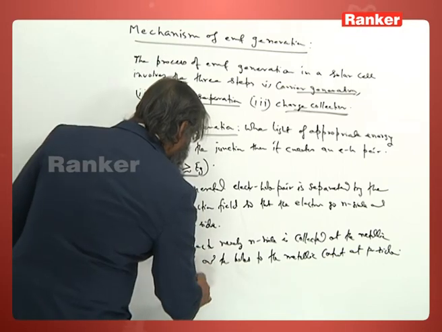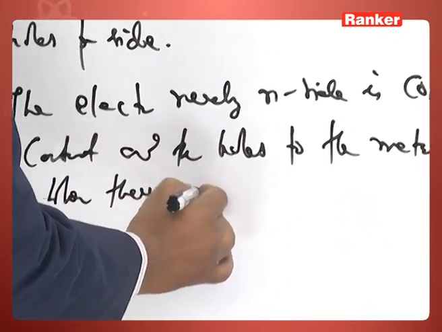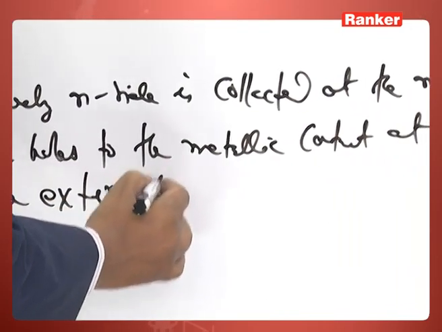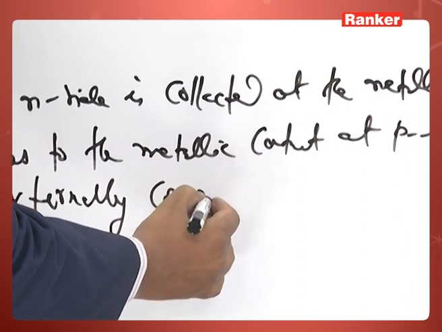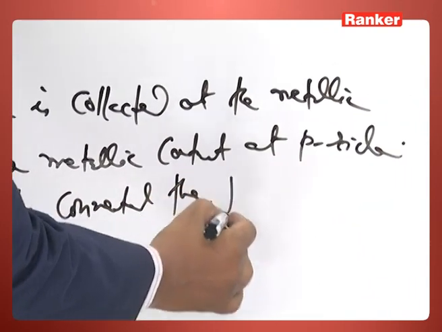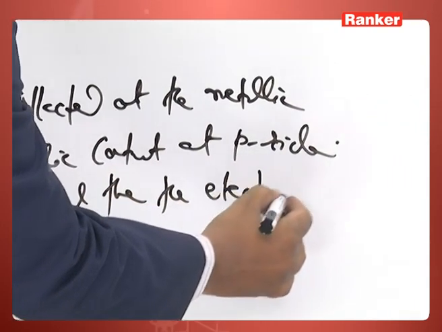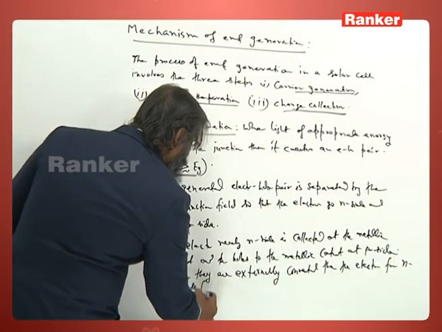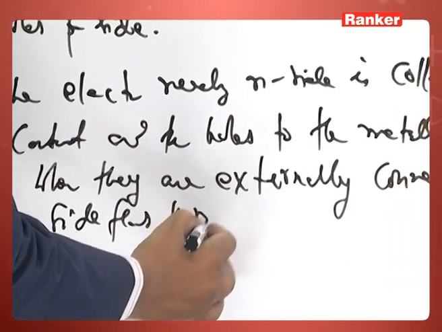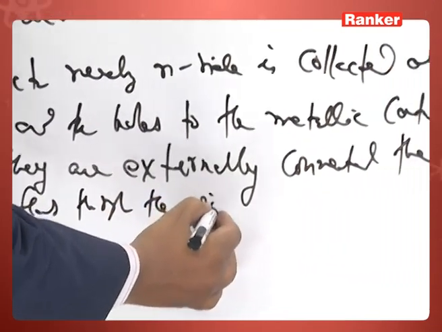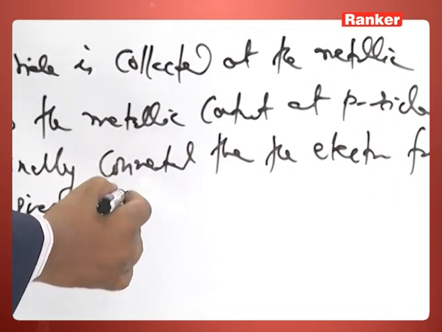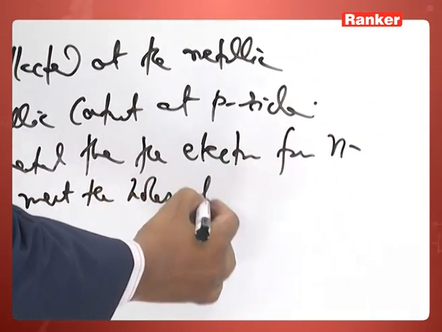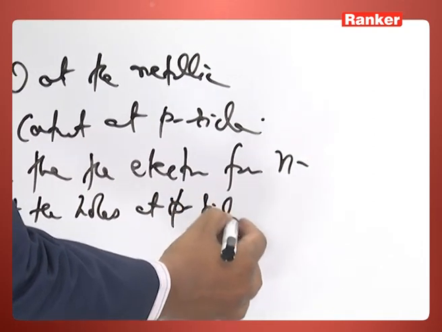When they are externally connected, then the electrons from the N side flow through the wires and meet the holes at the P side.